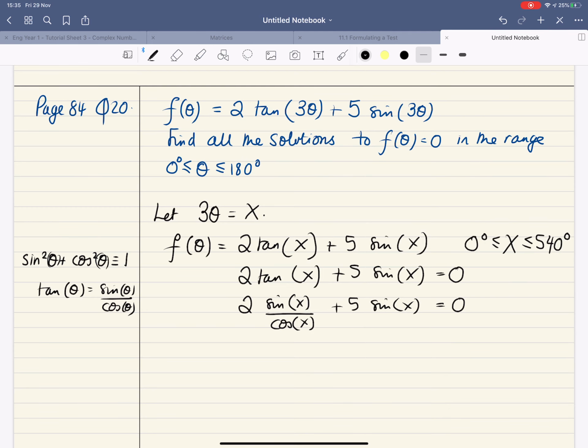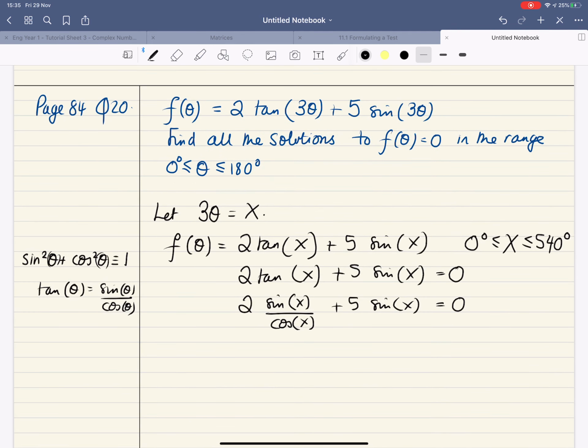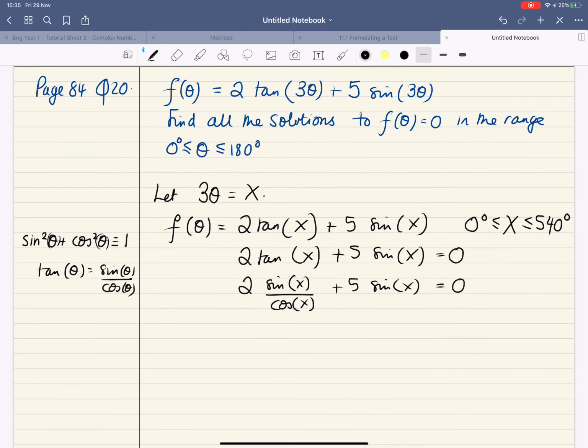And what we can do with these, we've got two things here. They will factorise because we've got a sine x in each of them. Okay, so we'll take a sine x outside the bracket. So it's going to be sine x times 2 over cos x, because that is 2 times sine x divided by cos x, and then plus 5 equals 0.